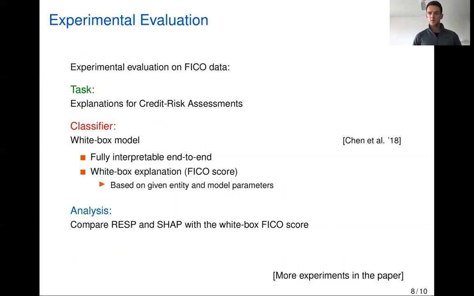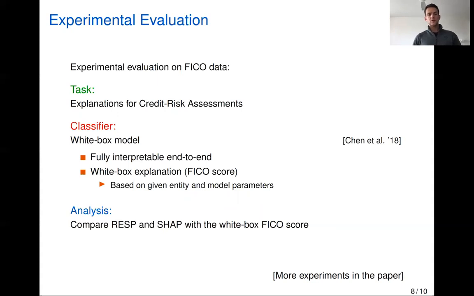And because it is fully interpretable, we can define a white box explanation for this classifier, which is called the FICO score in our paper. This score is fully based on the given entity and the model parameters. Essentially, it tracks what the model does for the given entity.